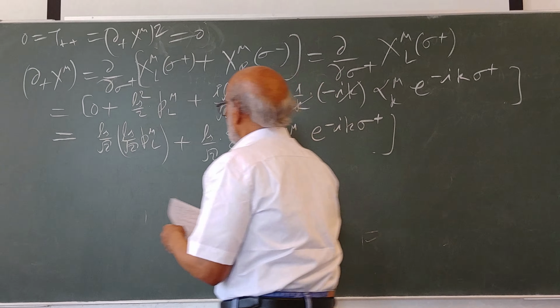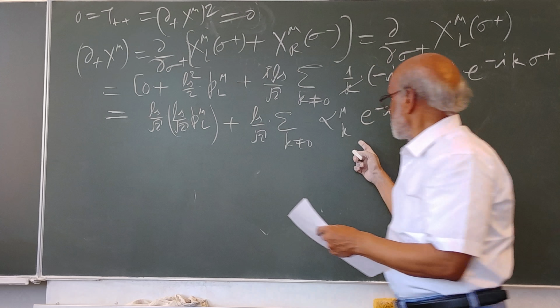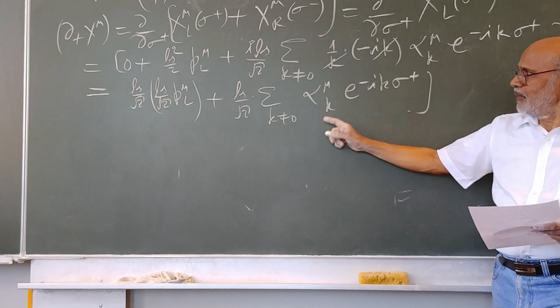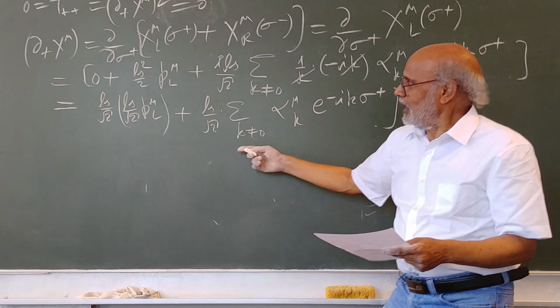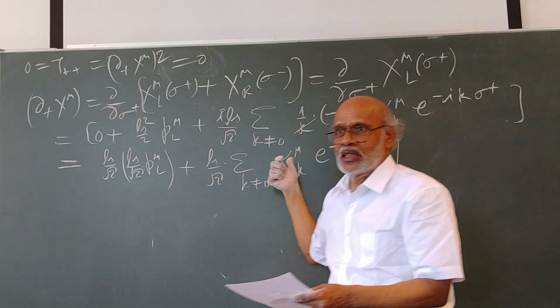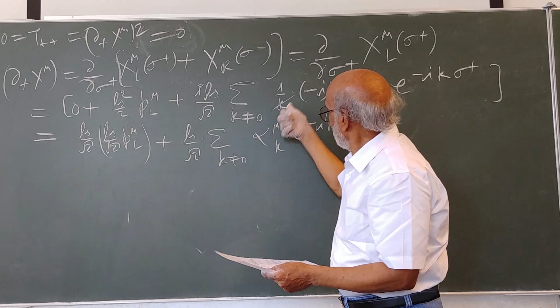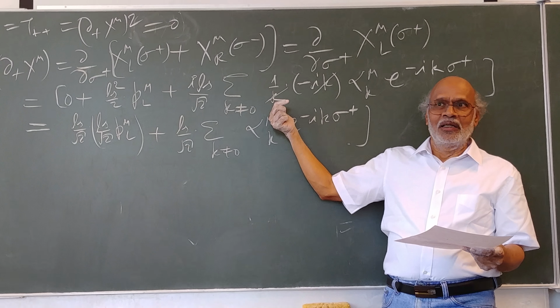Here I have a summation over k for all k except at k equals 0, but I can absorb this term into this term because I no longer have k in the denominator.